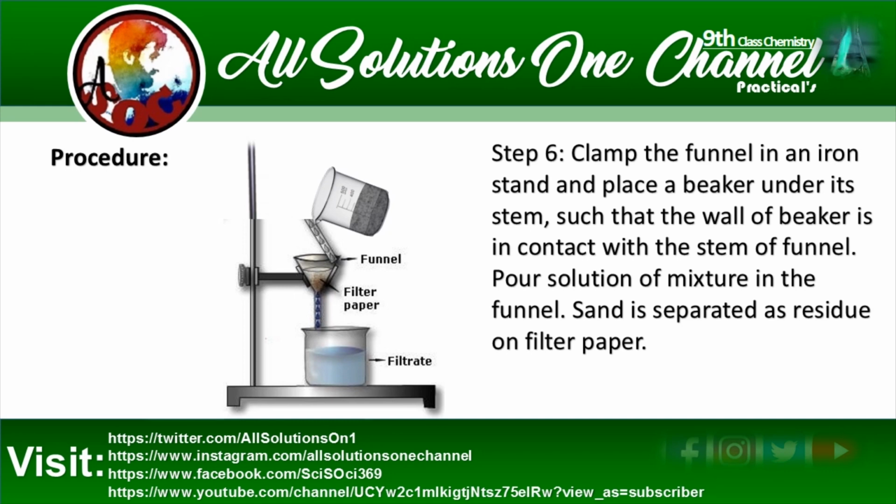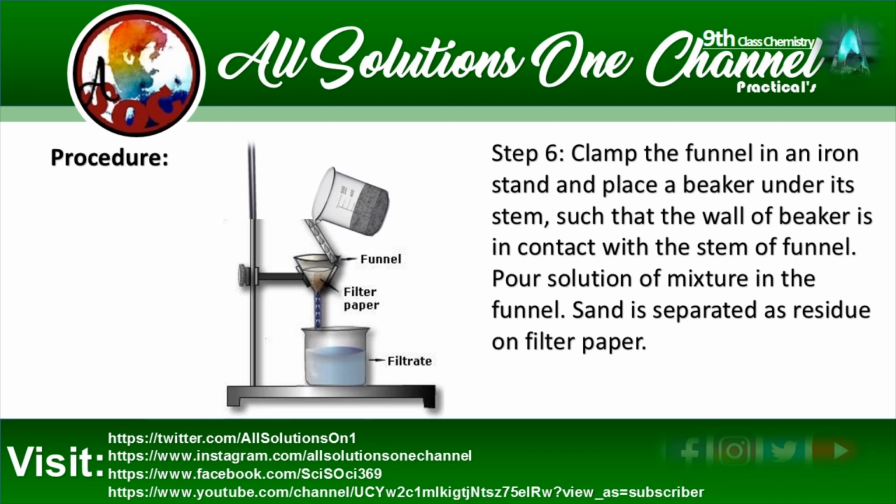Now we will pour the solution of the mixture into the funnel from the side. In this way, the sand is separated as residue on the filter paper while the alum and water pass through the filter paper and are collected in a beaker in the form of a clear solution.